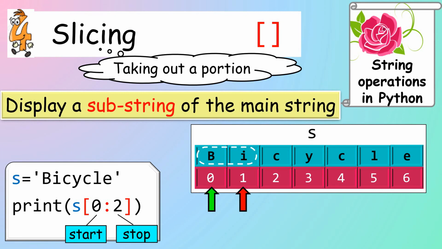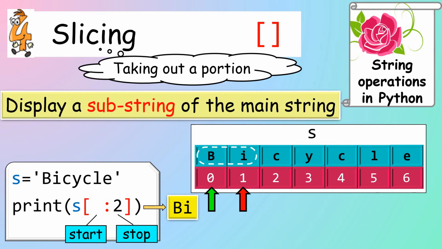So this slicing operation will give the output bi. Since the default value of start index is 0, you can even omit the start value, that 0. Then also the same slicing will take place. That is, by default, Python will start slicing from 0.